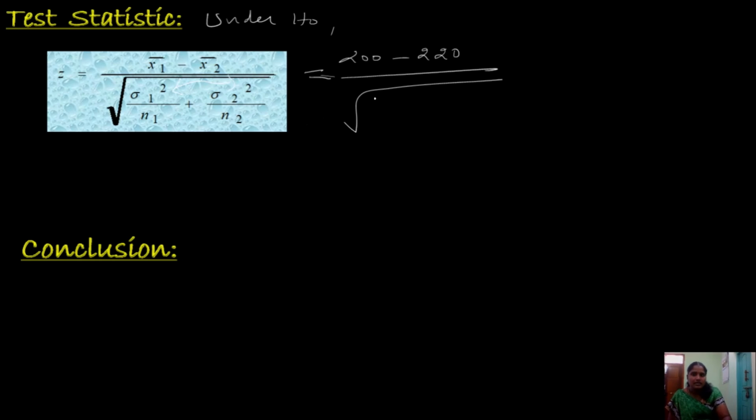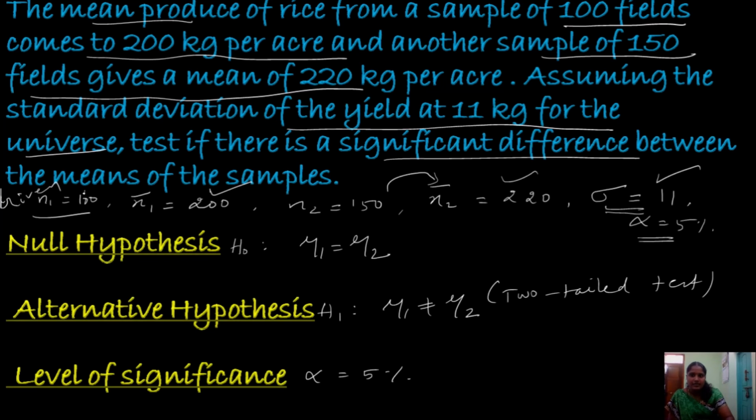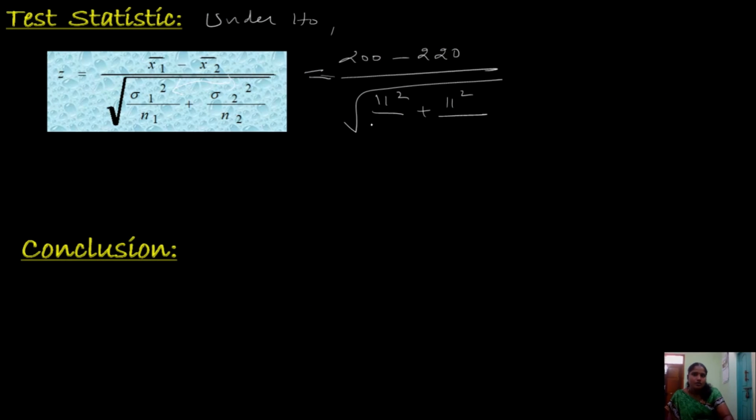So 11 square over n1 plus 11 square over n2, where n1 is 100 whereas n2 is 150.